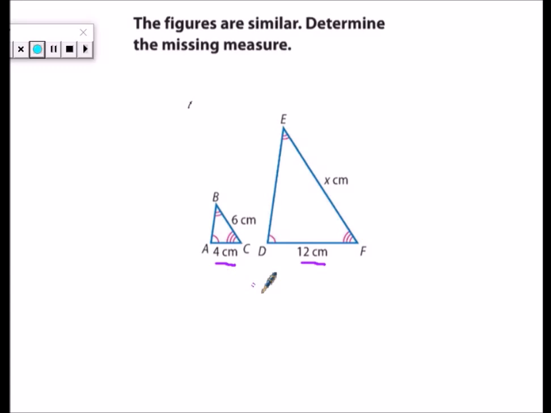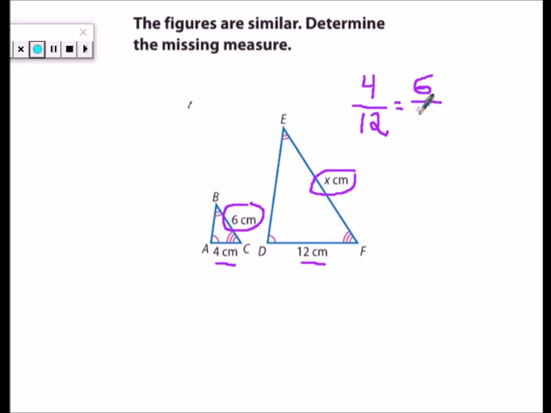So, anyways, 4 is the small one, and I put that over 12. All right, and I'm setting it up as a proportion. Now I find two other corresponding sides. So 6 will go over x.